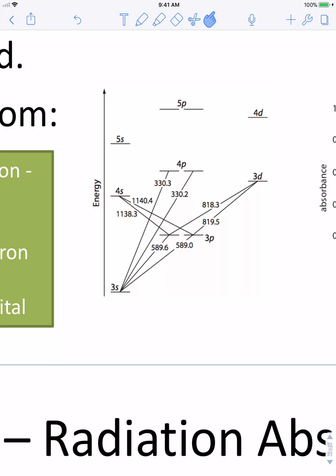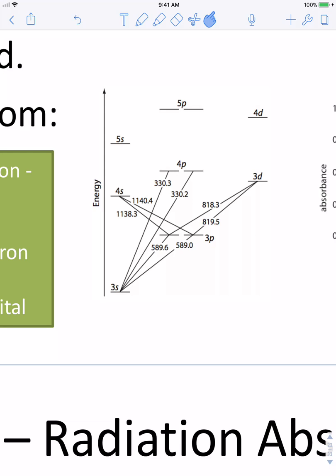And so we can promote that highest energy valence electron to a higher excited state by promoting it to one of these vacant orbitals. And so here you see some of these transitions. We can go from a 3s to a 4p, and we have some energies listed here in terms of wavelengths.